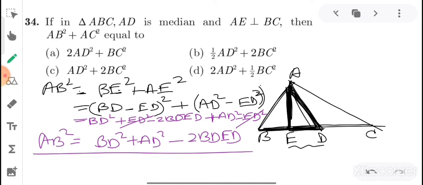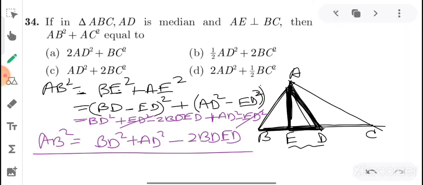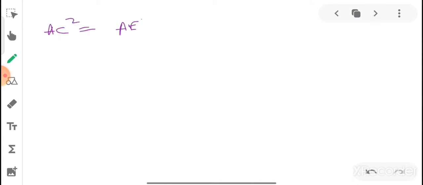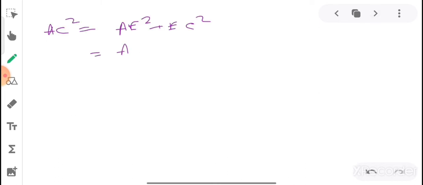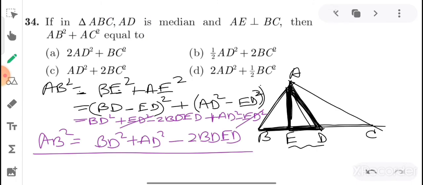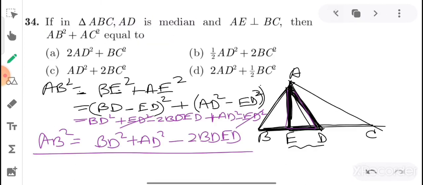Next, calculate the value of AC square. Similarly, it will be AE square plus EC square, and AE square will be AD square minus ED square, which we take from triangle AED.